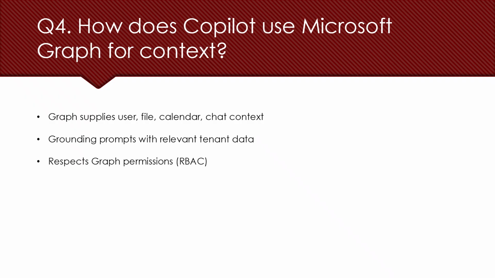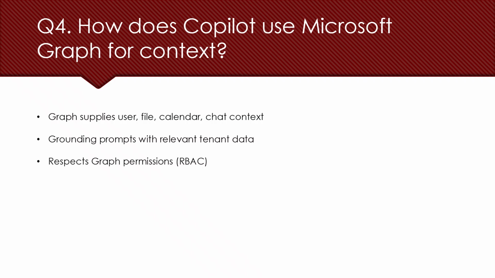When Copilot answers a question or drafts content, the orchestration layer in Microsoft Copilot grounds the prompt with relevant Graph content, so the large language model uses factual organizational context.